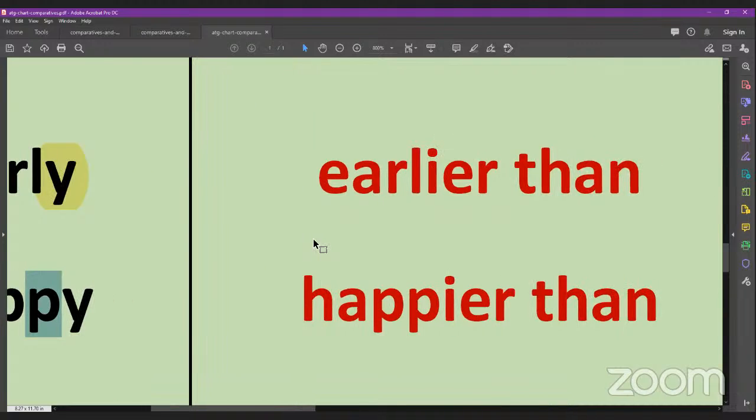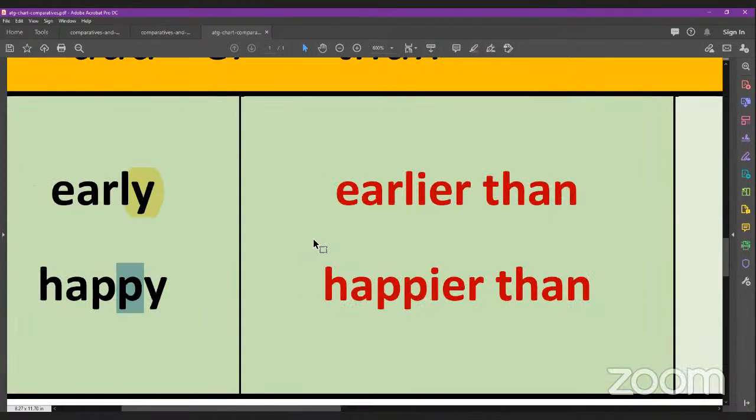For these kinds of adjectives, as you can see, we drop the letter Y and switch it for this suffix. Early, earlier than. Happy, happier than.